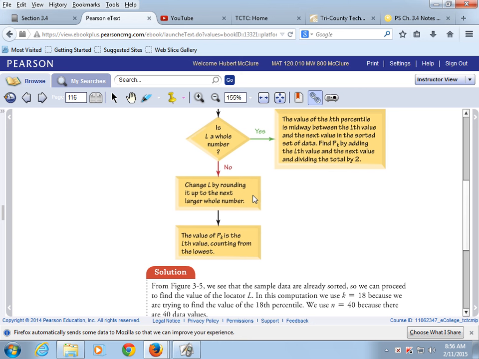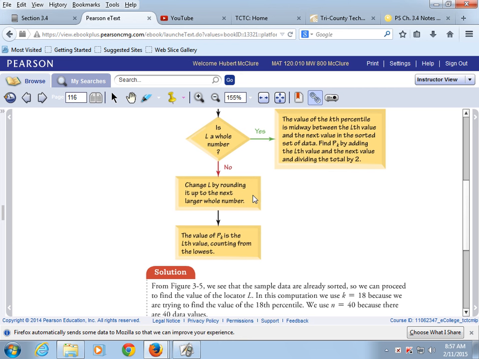Does it say anything about 7.5 or 0.5? It says if it's not a whole number. What's not a whole number? 7.01, 7.99, 7.5, 7.3. It doesn't matter. If you do the calculation and you come up with a decimal, I don't care what the decimal is, then you have to bump it up to not 7 but 8, and you count to that number.